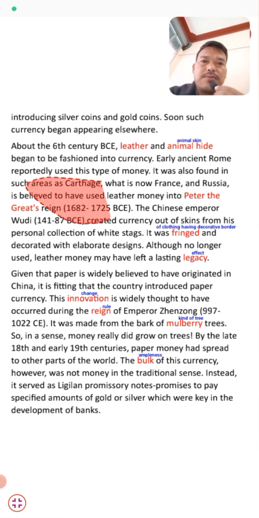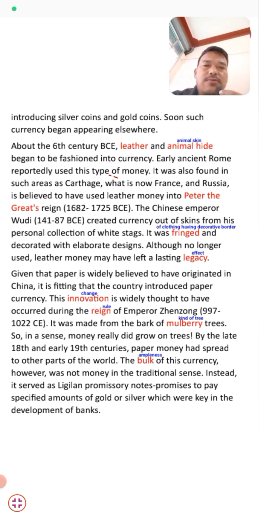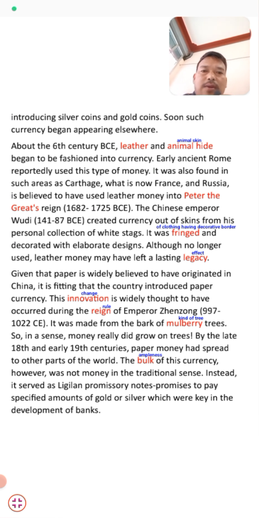In this paragraph, we have talked about some of the leather and skin currency derived from animal skin, and some of the kings started using this skin in the form of money. It is no longer in use, but this money has an impact also.